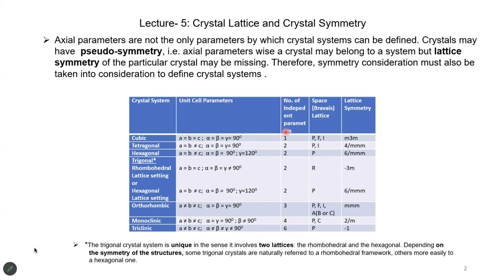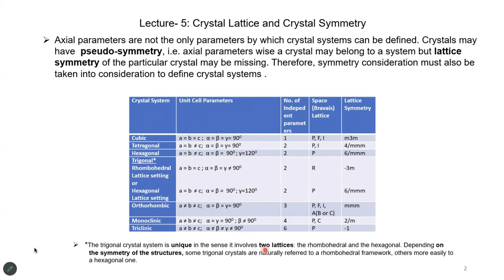You see, as we increase the independent cell parameters going down and down, here it is 6 independent cell parameters, and it has the least symmetry. Therefore, depending on the cell parameters, the symmetry increases. And cubic will have many kinds of symmetry elements.